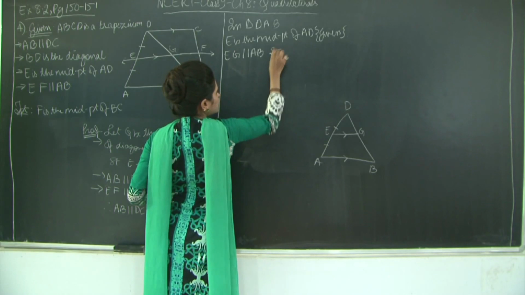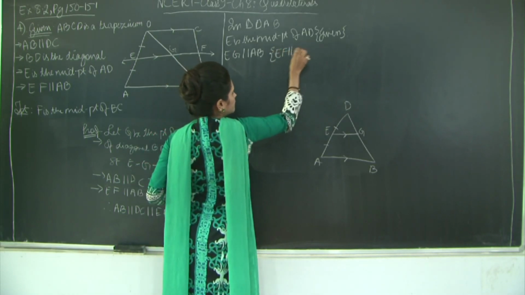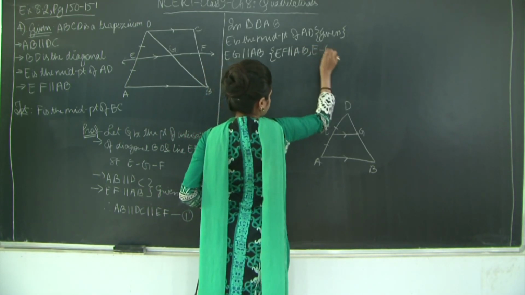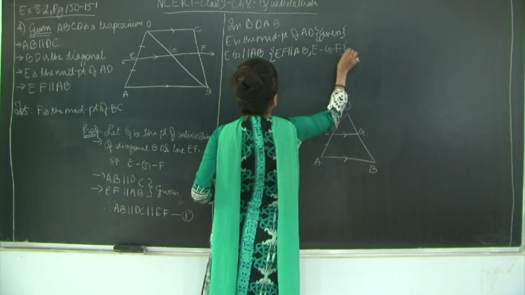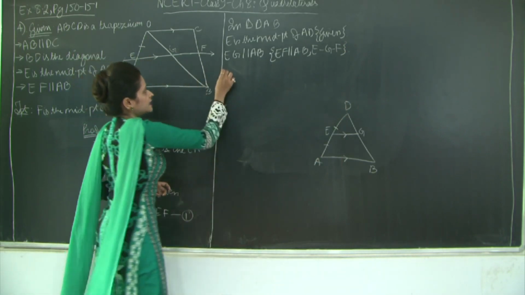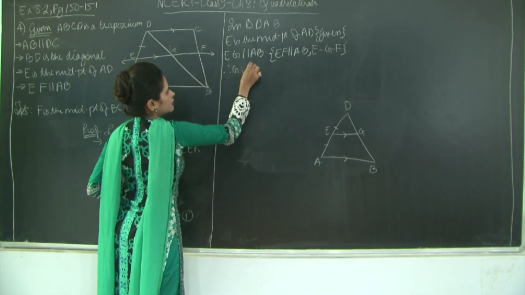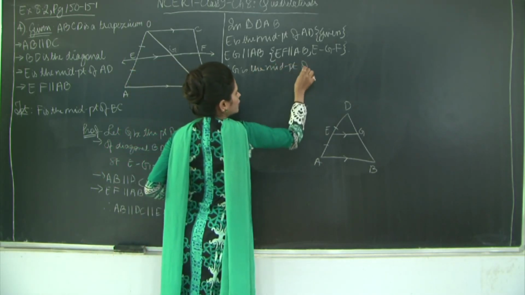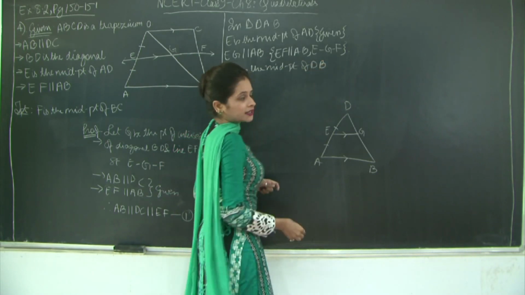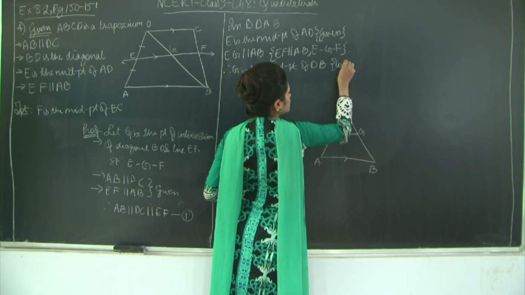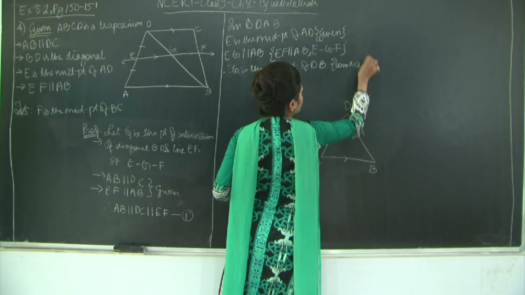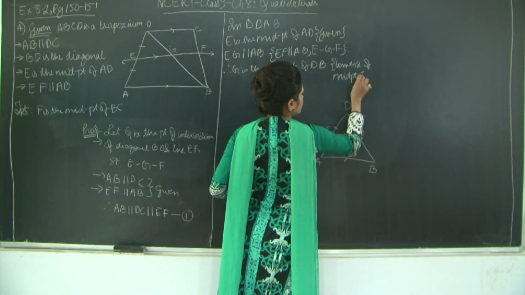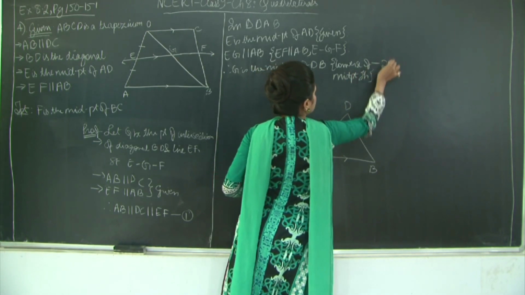Because we have been given that EF is parallel to AB and we just proved that G lies between E and F, so EGF. Therefore, what can I say? That G is the midpoint of DB, correct? By converse of midpoint theorem. Let us mark this as statement number 2.